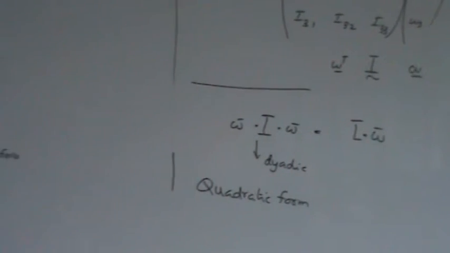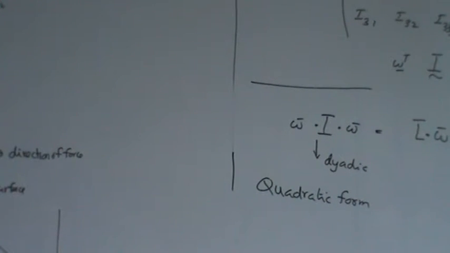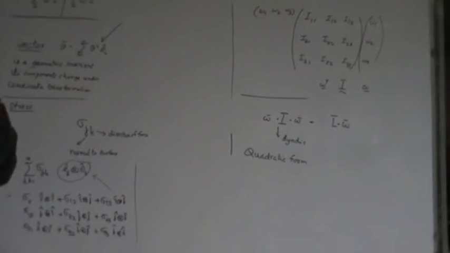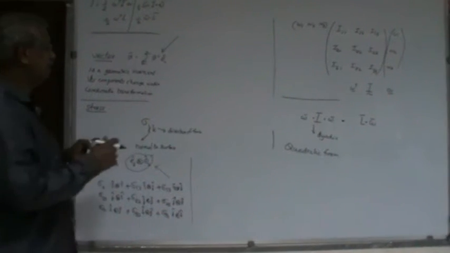It's 3 into 3 into 3 into 3, 81 elements. But we will not go more into that, but let me illustrate this a little bit.